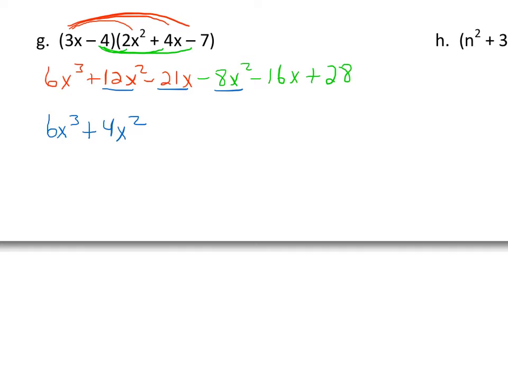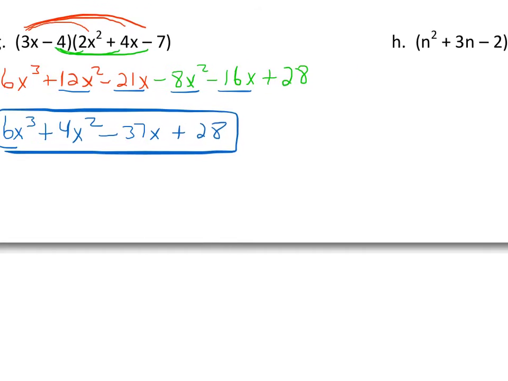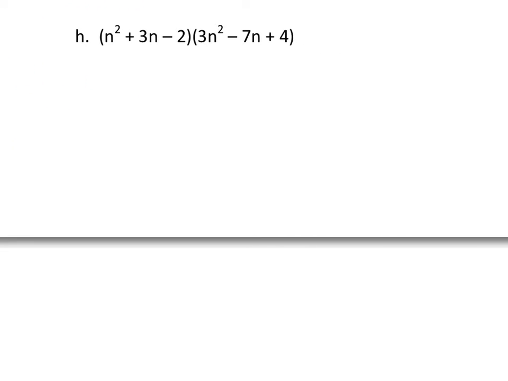We have two x terms, negative 21 and negative 16, which gives us a negative 37x, and then we have a positive 28. All like terms are put together, proper order, and that's considered finished. So when we distribute, remember, most likely there's going to be like terms that need to be combined.